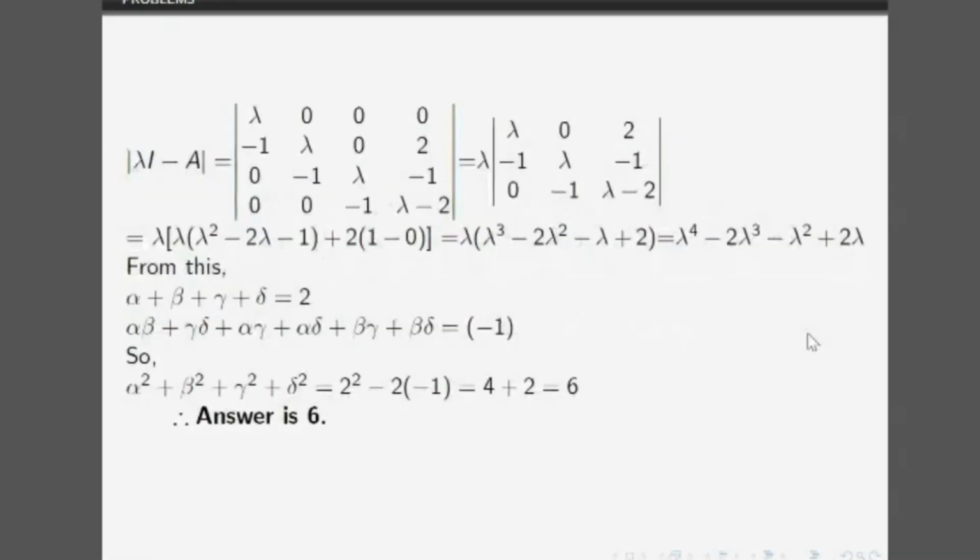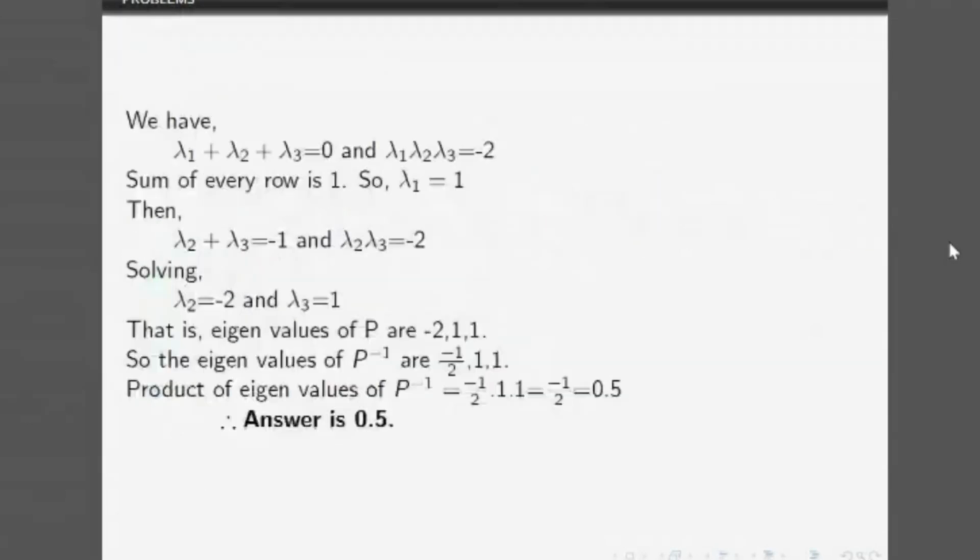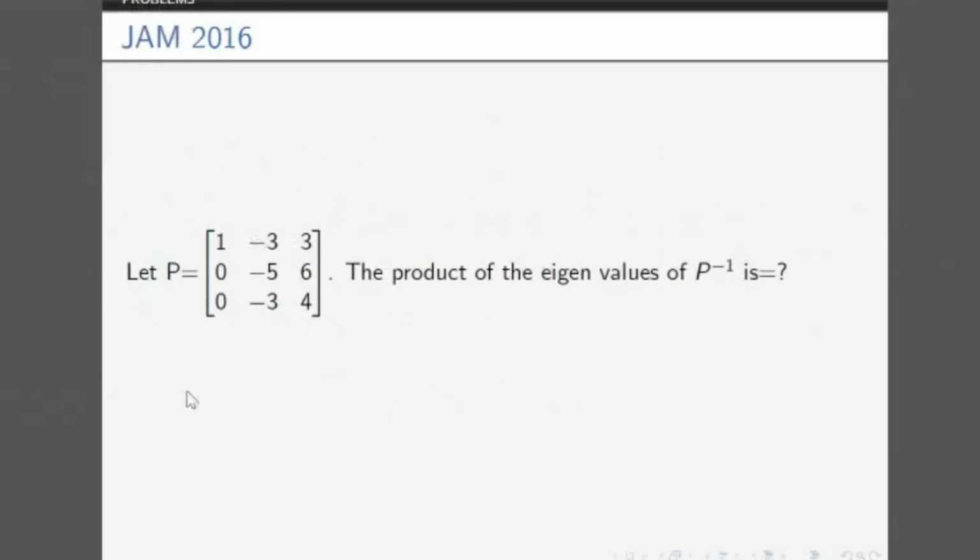And yes, when it comes to this topic, you can use different ways. Since it involves trace and matrices, you can use the properties of trace and matrices also. So there are too many ways to solve the same question. Like when we were talking about this question, we were asked about the product of eigenvalues. So it is enough to find 1 by the determinant of P. That is enough.